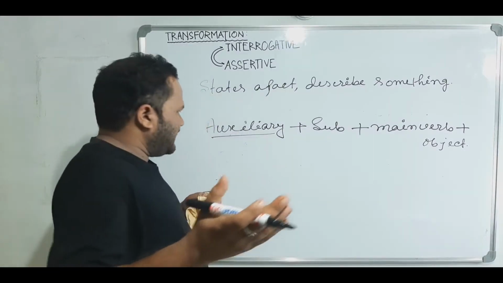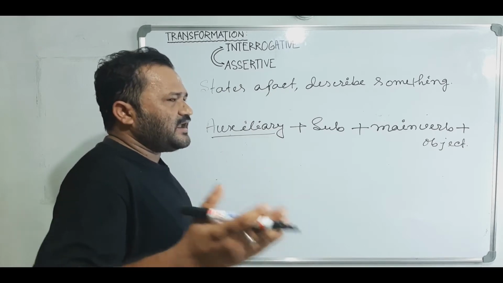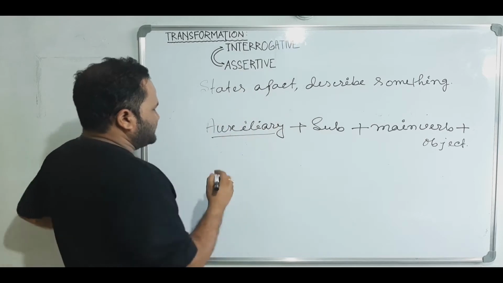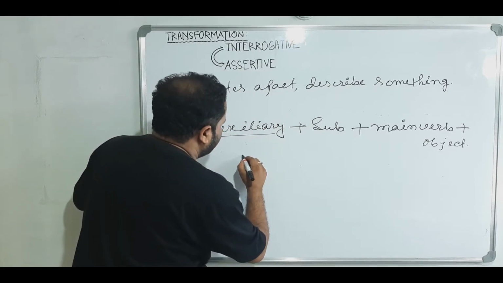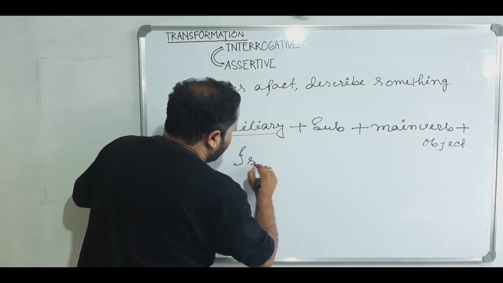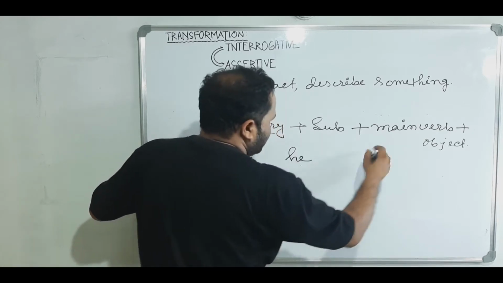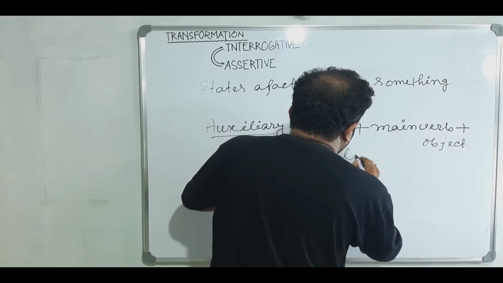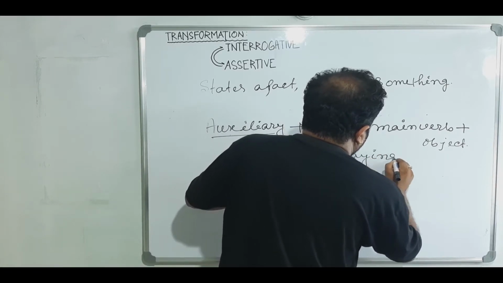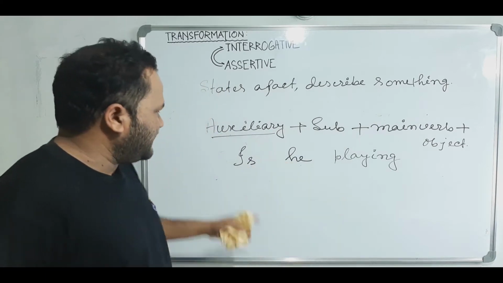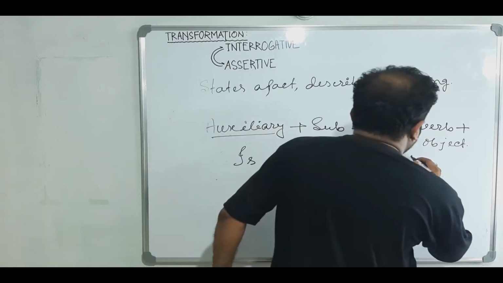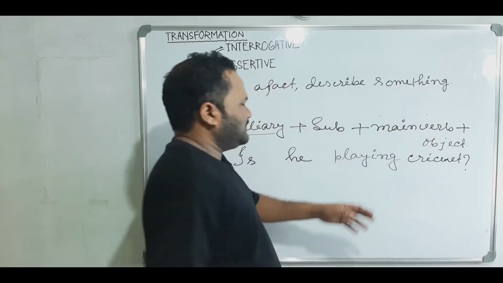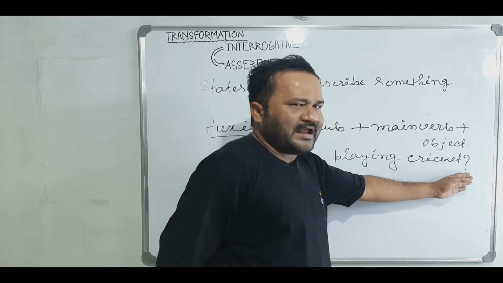I have already given an example: he is playing cricket. Now if I transform it into an interrogative sentence, how do I write that sentence? Is, subject he, main verb play in progressive form, that is ing. Is he playing cricket? And the question mark at the end of the sentence.